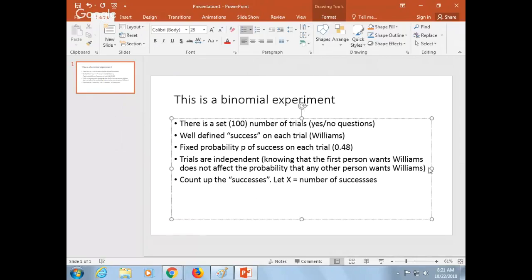So this X is our number of successes. X is a binomial random variable with n equal 100. Why n equal 100? Because n is the letter we're going to use for our number of trials. And p, little p again, equals 0.48.